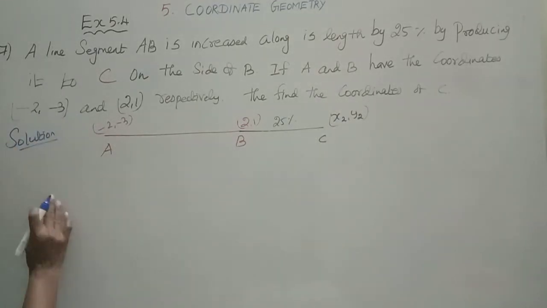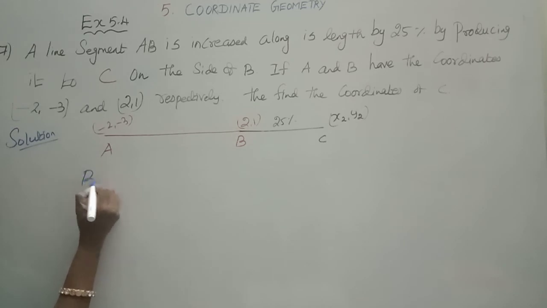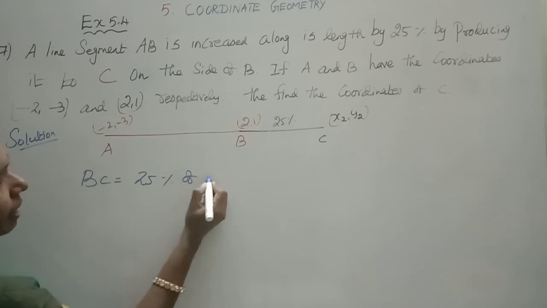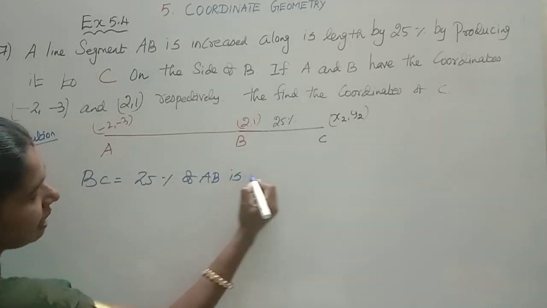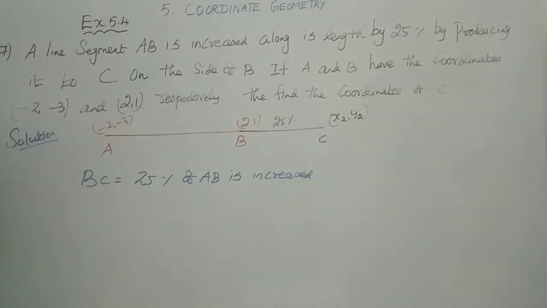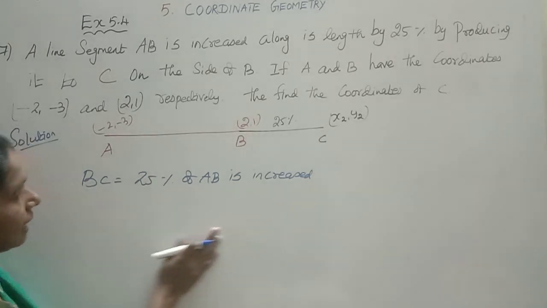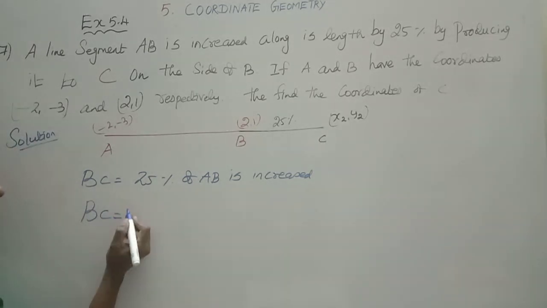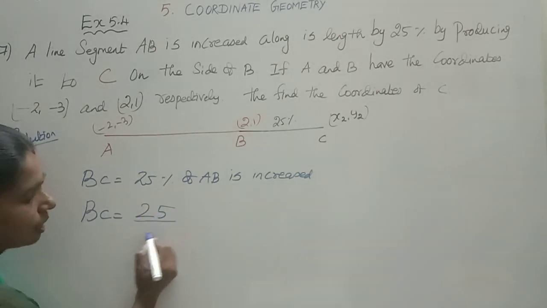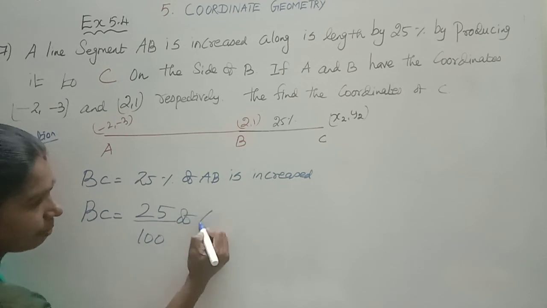So first I am going to take in the statement BC equal to what percentage of AB? 25 percentage of AB is increased. Write the given statement first. So BC is equal to 25 percentage of AB. 25 percentage means 25 by 100 of AB.